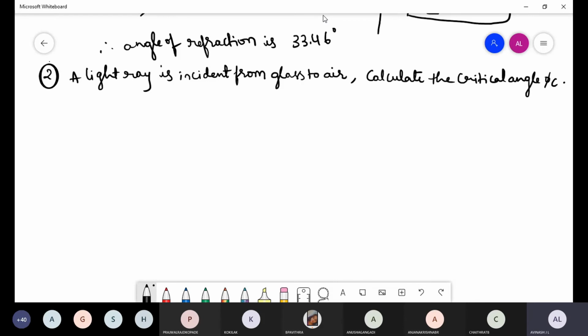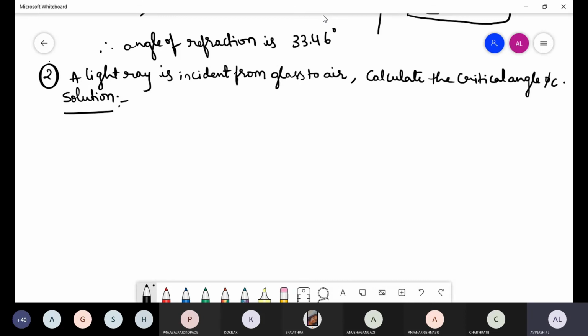In this numerical, the solution, if you are seeing, they have not even given what the refractive index is. They have not given what the angle of incidence is. What they have given is that the ray is entering from glass to air and calculate the critical angle phi c. That is what they have given.